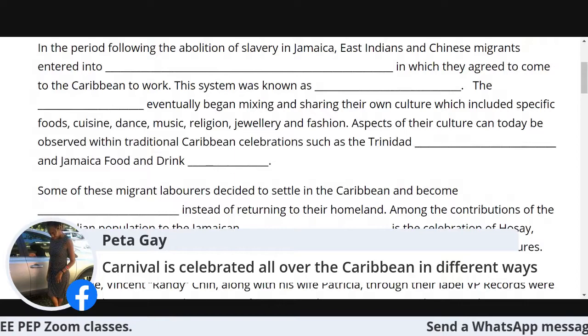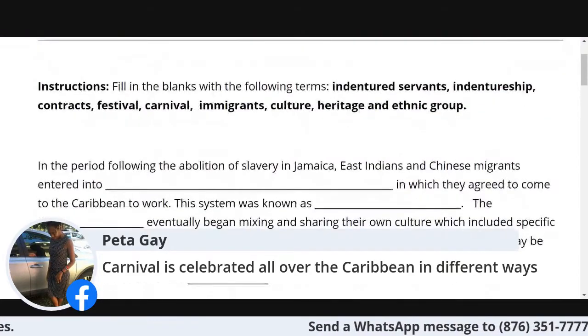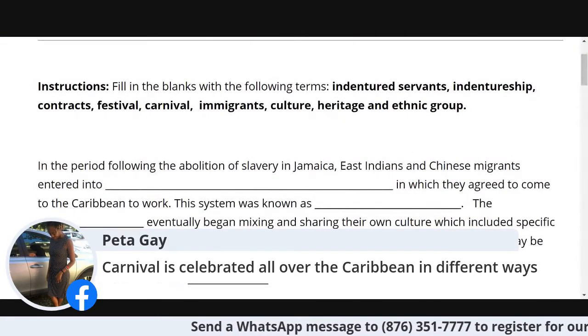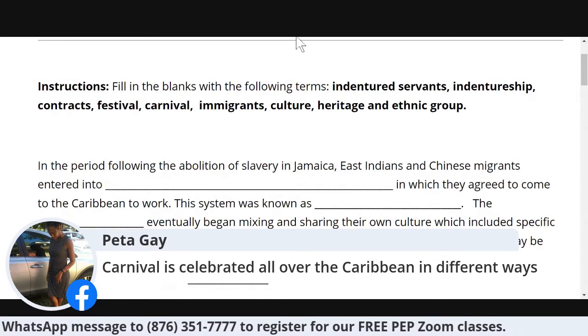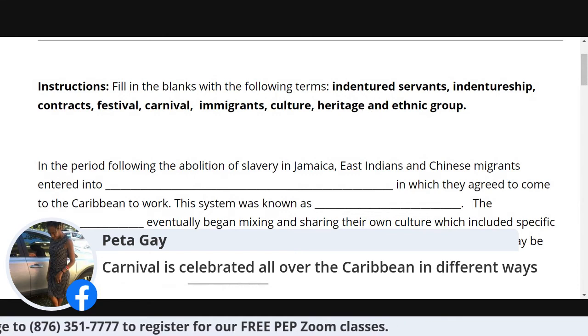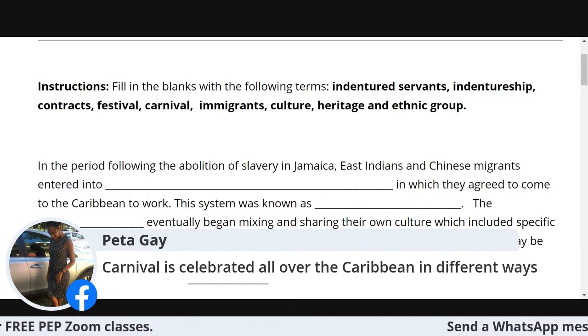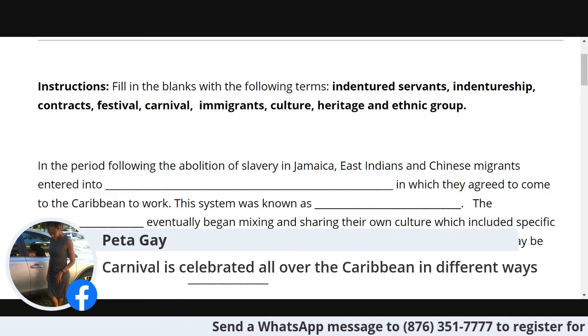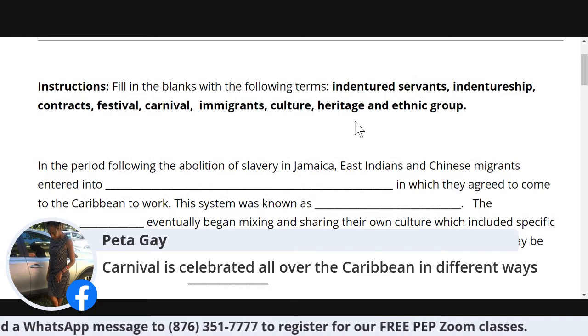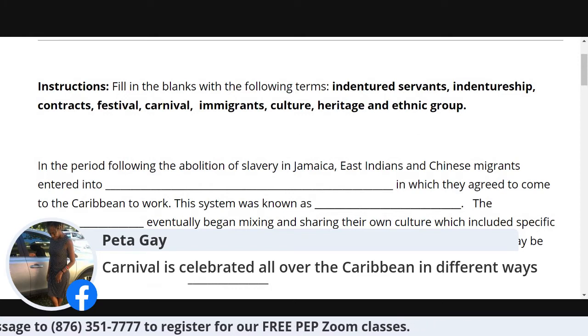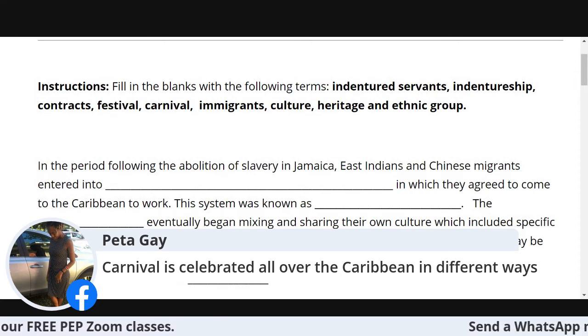All right, let's see if we can fill in the blank with these terms. I'm going to suggest that you grab a pen and paper and write down the terms so you have them before you as we go through the passage. Or you can take your phone and just capture the screen. The terms are: indentured servants, indentureship, contracts, festival, carnival, immigrants, culture, heritage, and ethnic group. Write them down or take a screenshot, and then we're going to try to fill in the blank with those terms, okay?